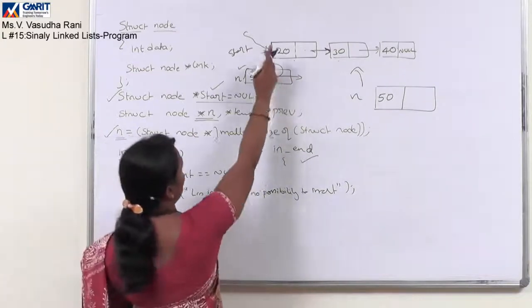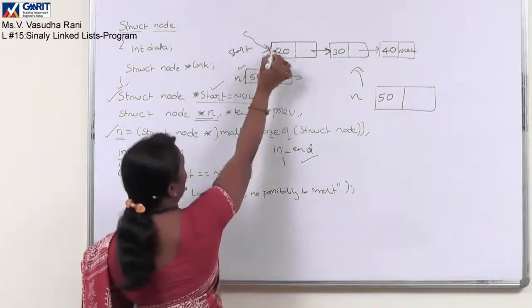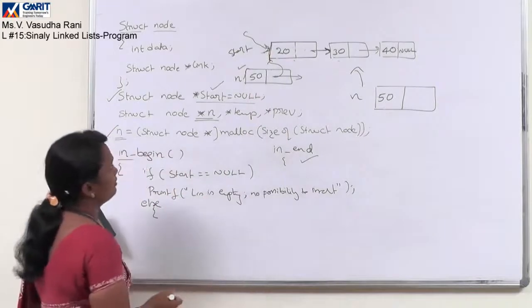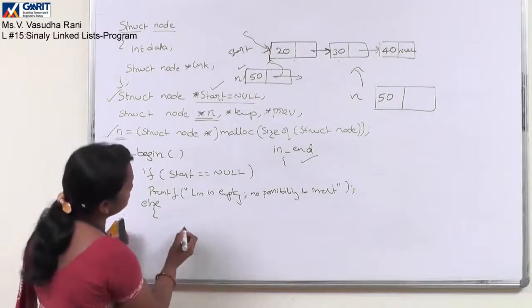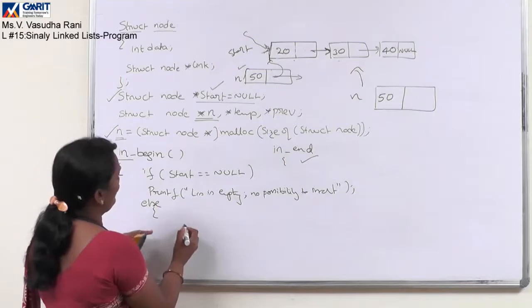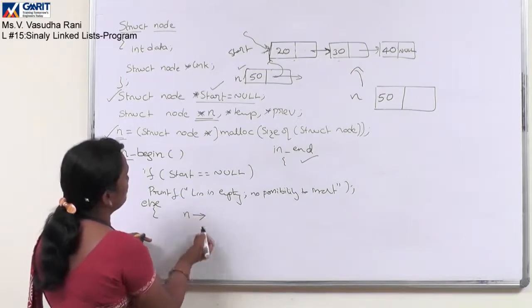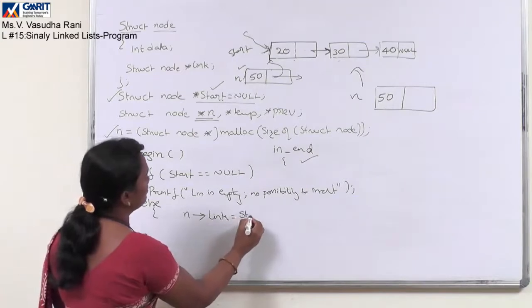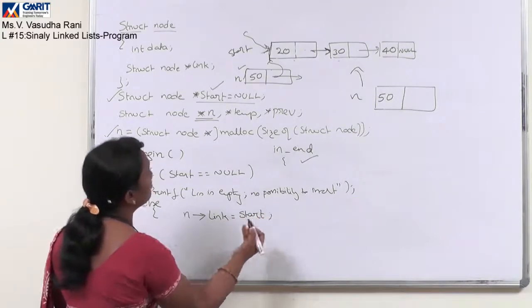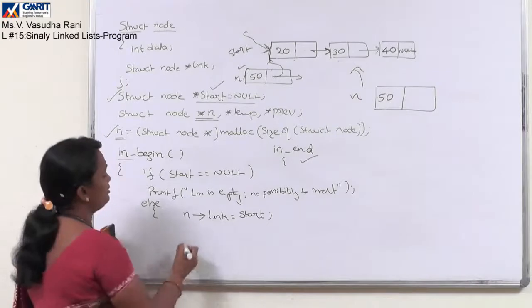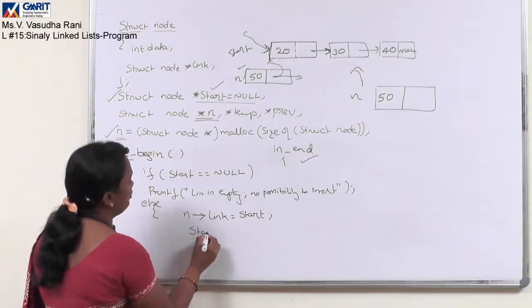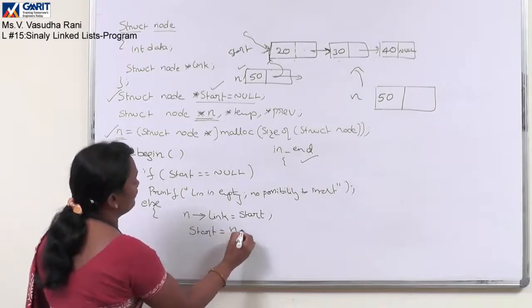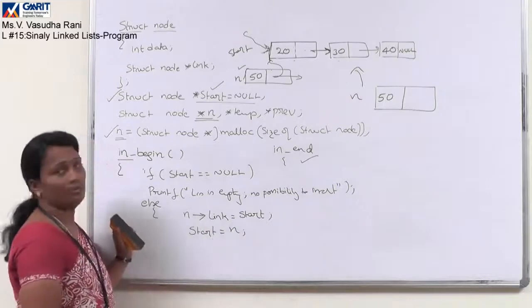And for the actual insertion, through start we can access the first node. So it can happen like n node's link equal to your start, and your new start will be your n node.